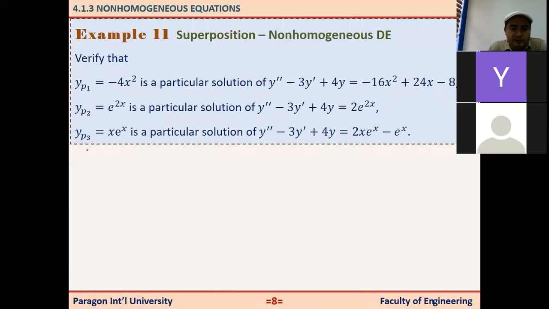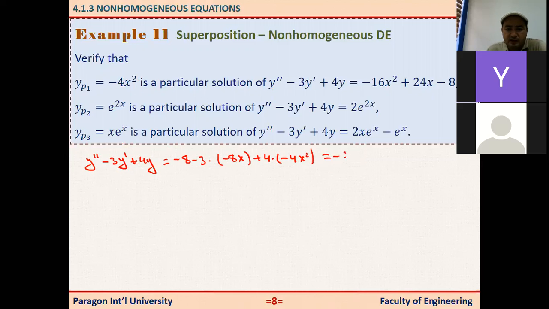So here, if you verify the first one, minus 4x squared, if you differentiate twice, 2 comes here, negative 8, right? This one is y double prime minus 3y prime plus 4y equals, differentiate this twice, it is negative 8, minus 3 times, differentiate this once, it is negative 8x, plus 4 times minus 4x squared, which is equal to negative 8.